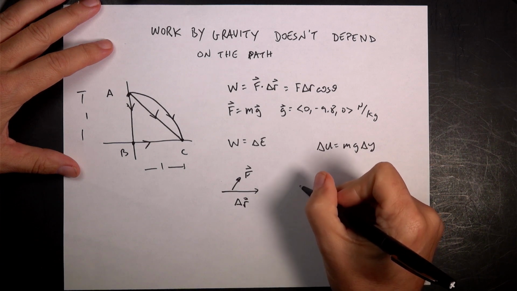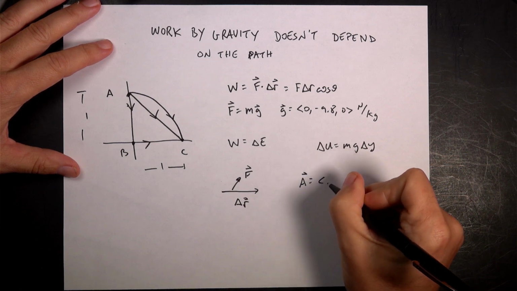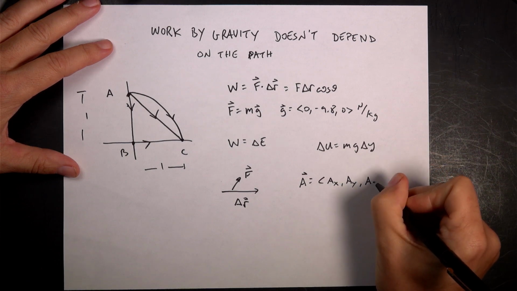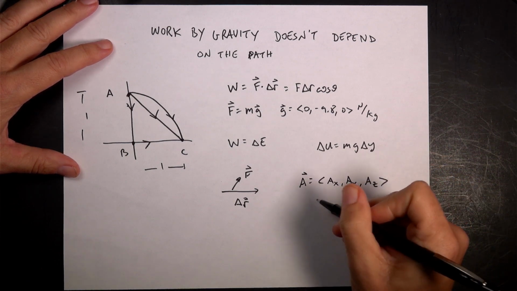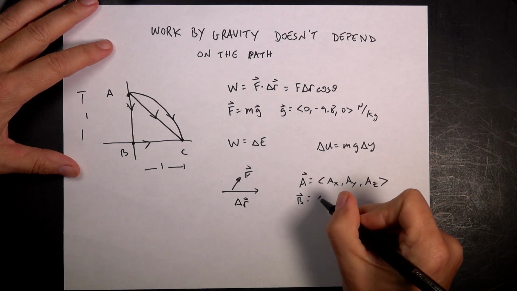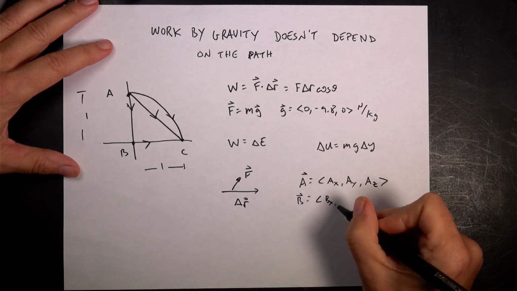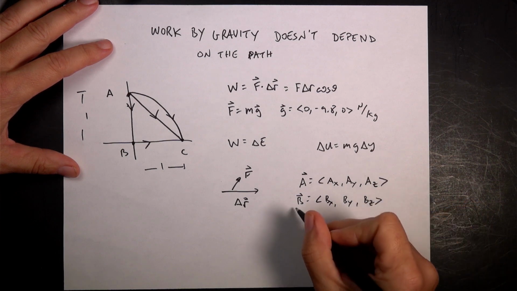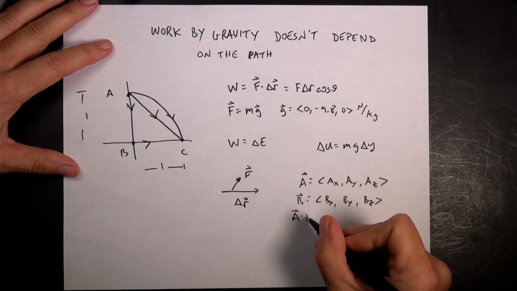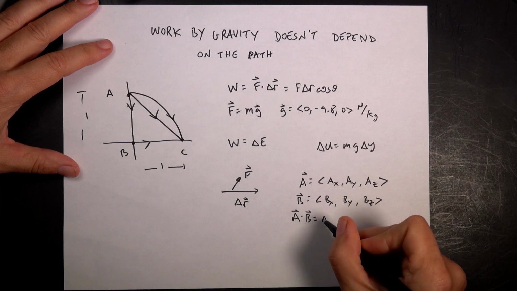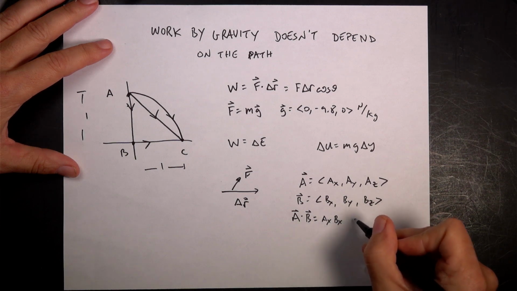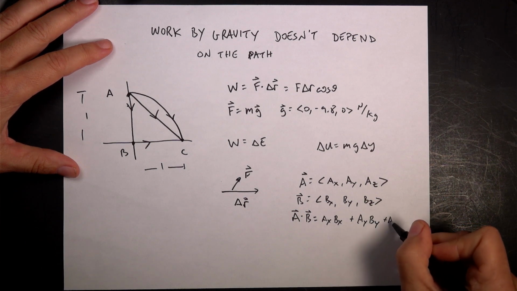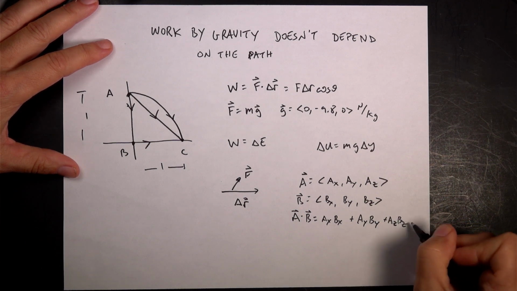So if A is the vector AX, AY, AZ, those are 3 components of A, and B is BX, BY, BZ, then A dot B is the scalar AX times BX plus AY times BY plus AZ times BZ.